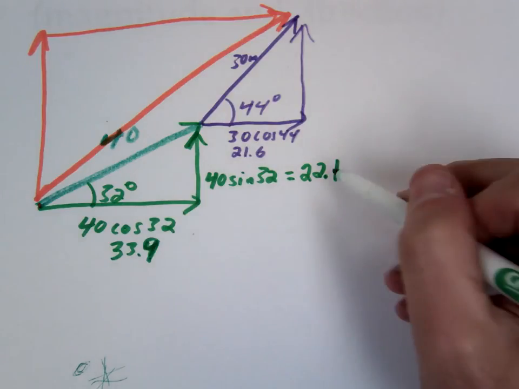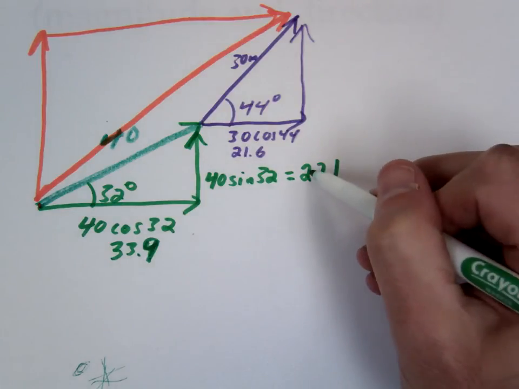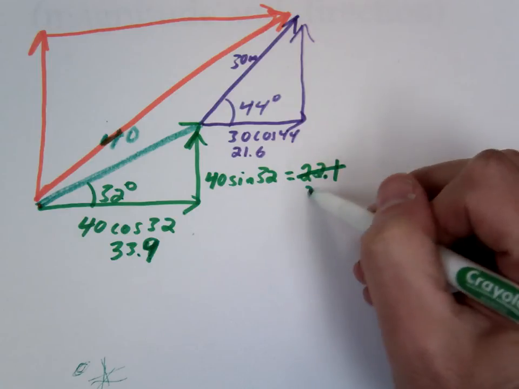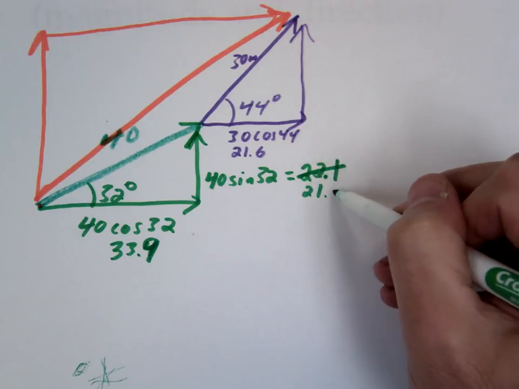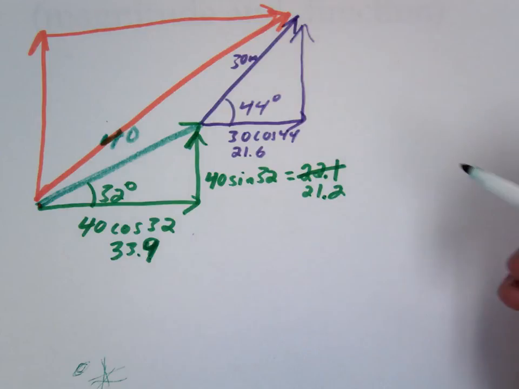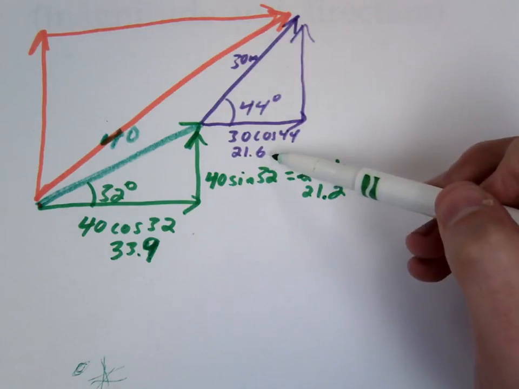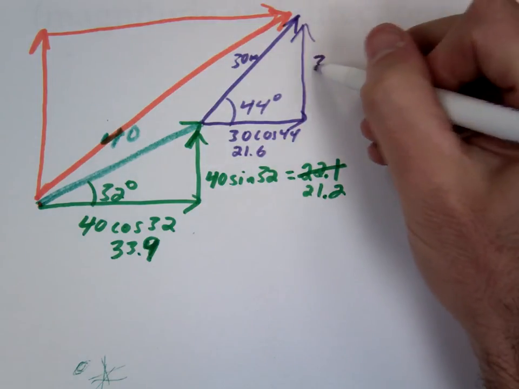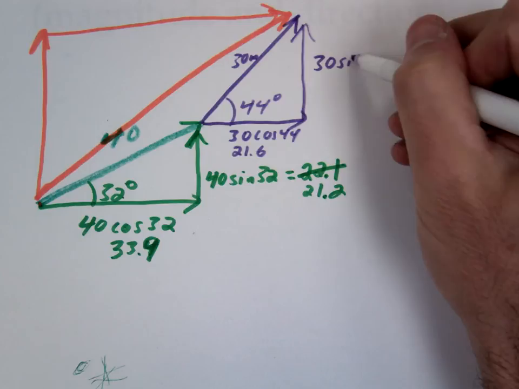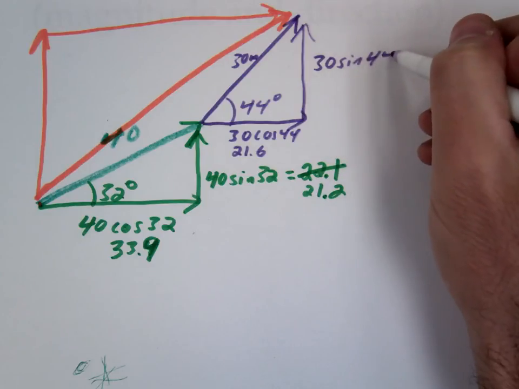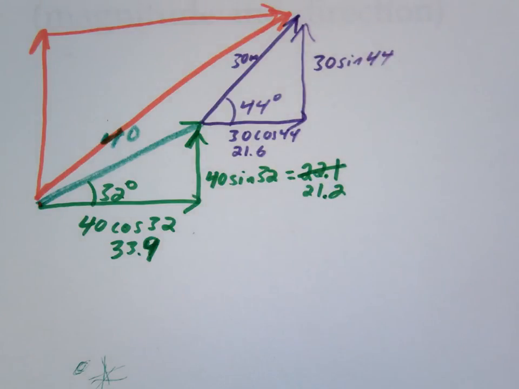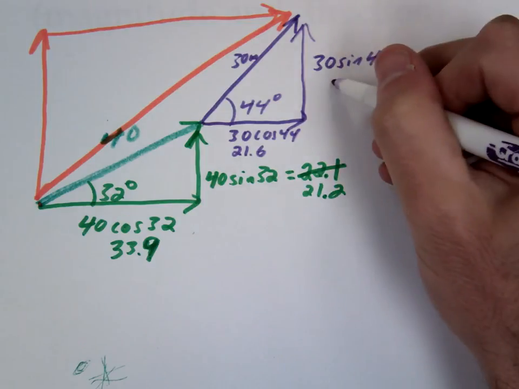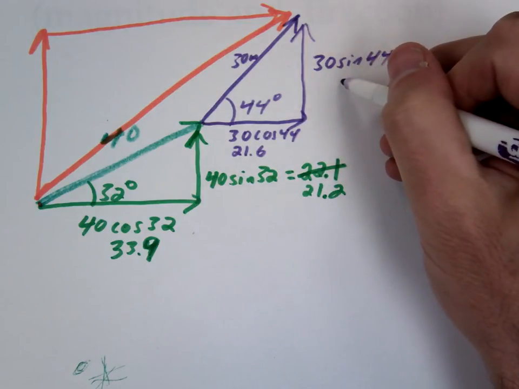And then the other one I got 21.2. Is this 21.6 right? Yeah. And then the next one is 30 sine 44, 20.8. Being confirmed.